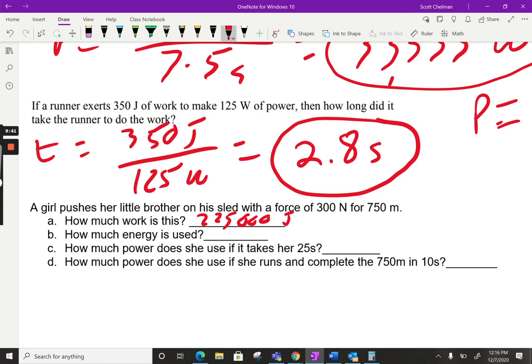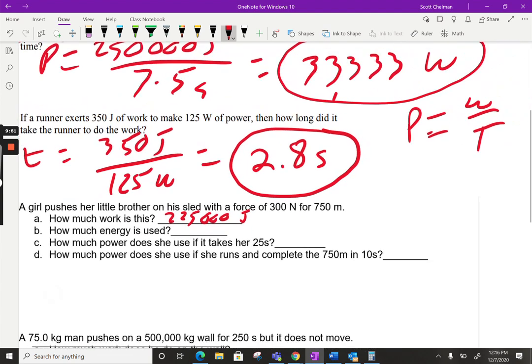So, how much energy is used? Okay, so work is force times distance.